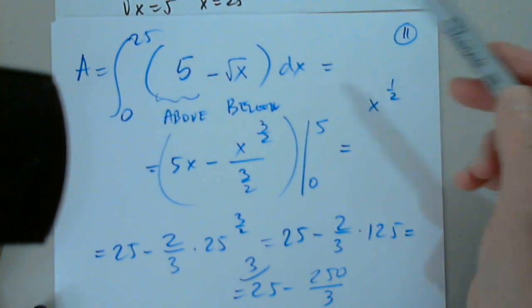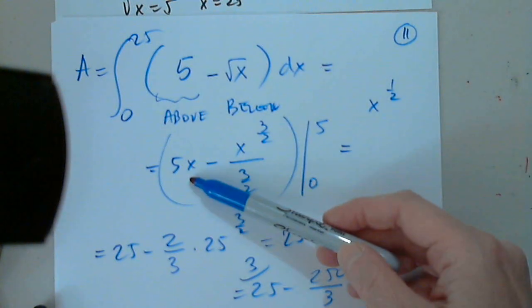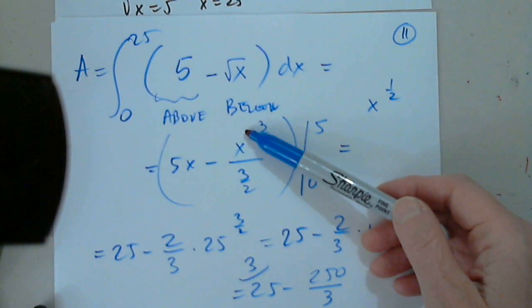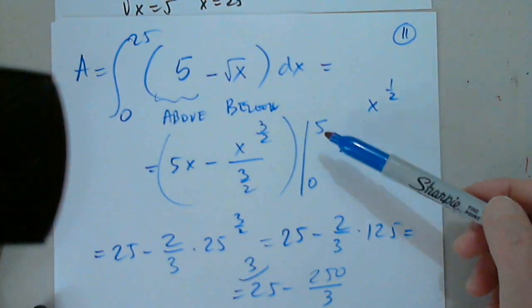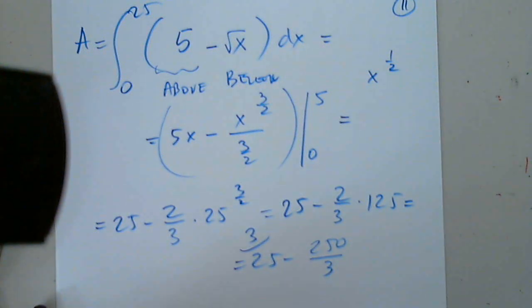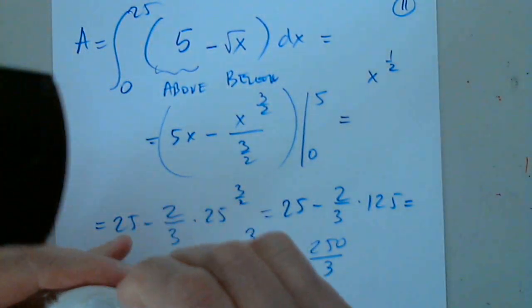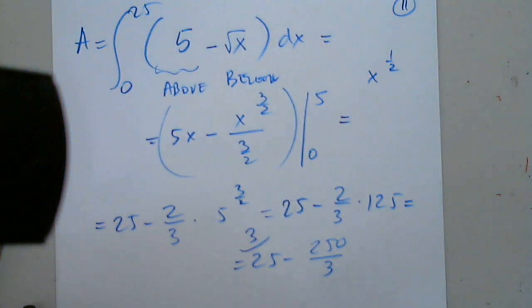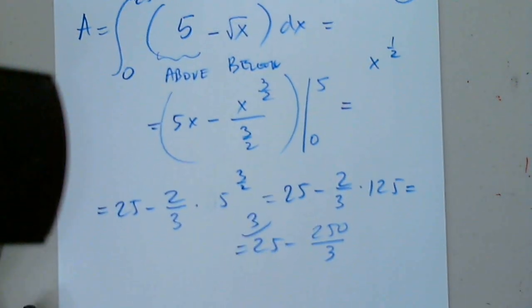So 5 minus below the square root of x, yes. 5x, x to 1/2, 1/2 plus 1 is 3/2, 2/3, yes, that's 2/3. So, oh yes, of course, I got it. I can't have a negative area. I don't know why I wrote 25 there. I have no reason to write 25.